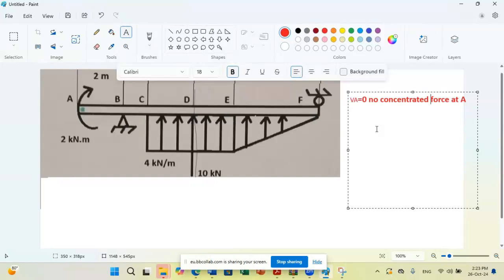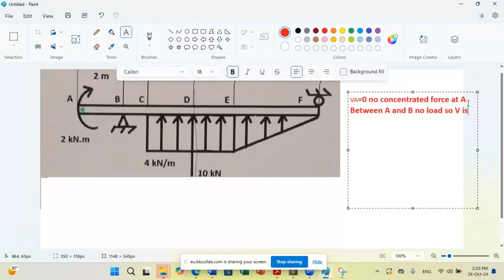Okay. So first, at A, V equals 0 because no concentrated force at A. Now, between A and B, do we have any load? No. So we say between A and B, no load, so V is constant, equal to what?